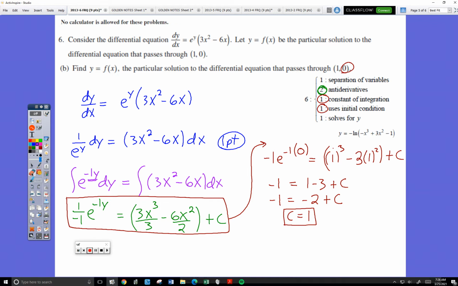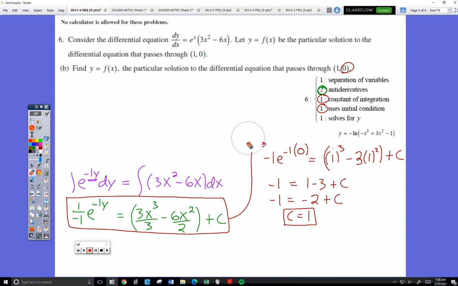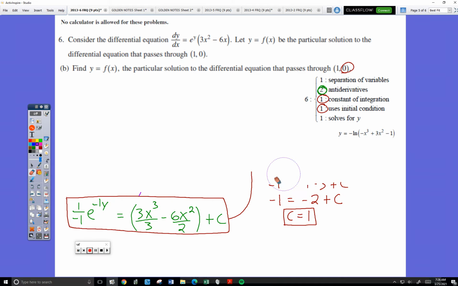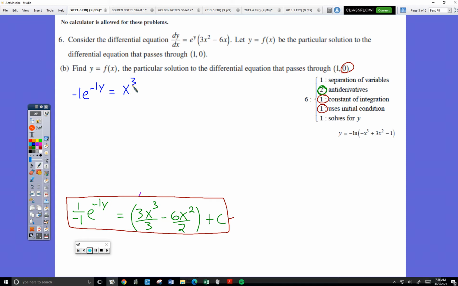Tracing all of this, we have negative 1 e to the negative 1y is equal to x cubed minus 3x squared plus 1. Just need to get the y alone.